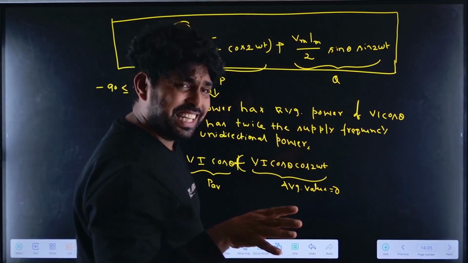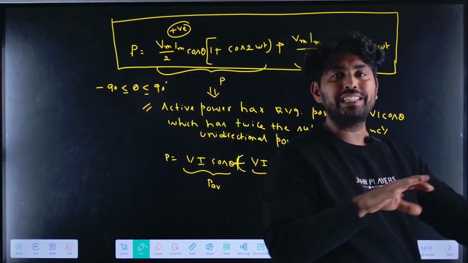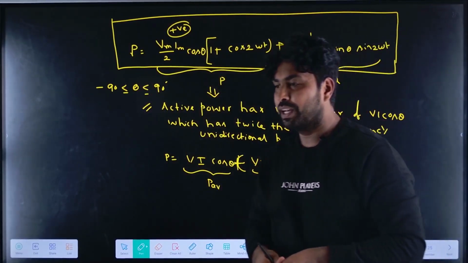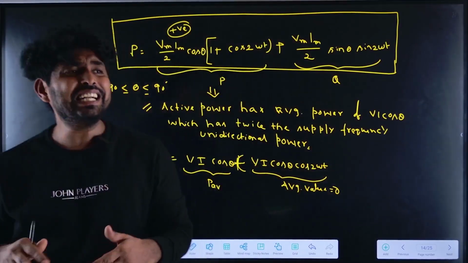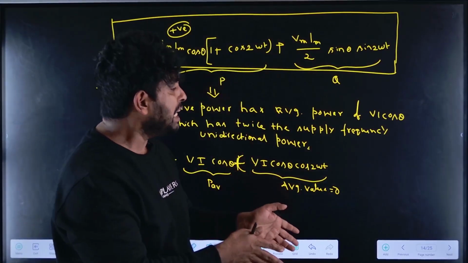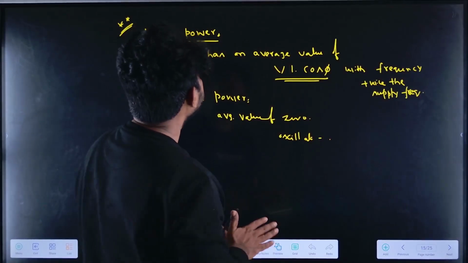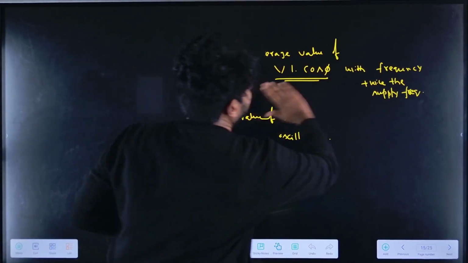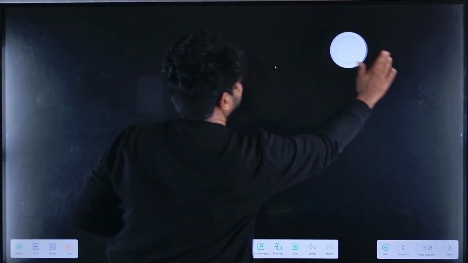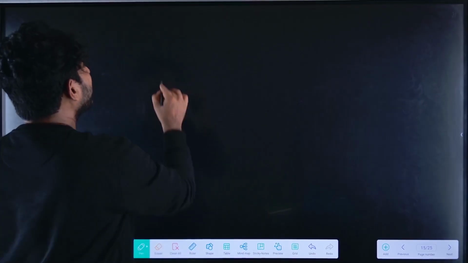Now let us see the most complicated to understand, which is reactive power, which doesn't have any work done. So what is reactive power? What is the expression for reactive power we got?